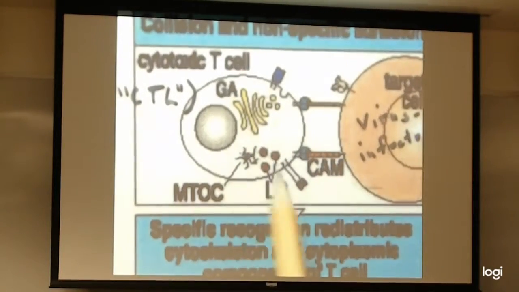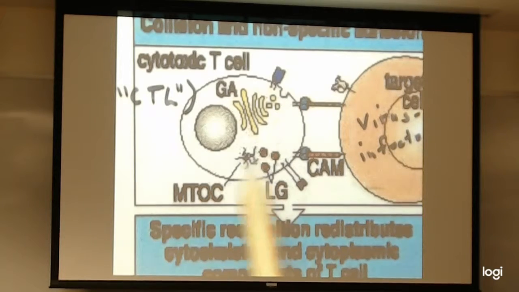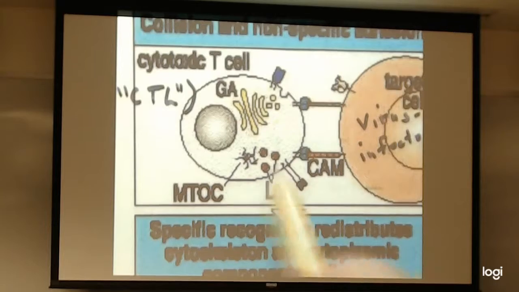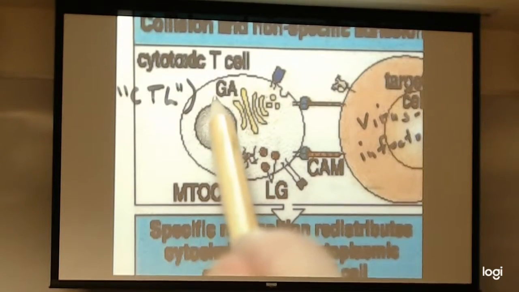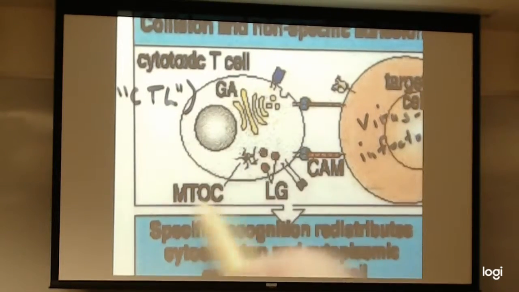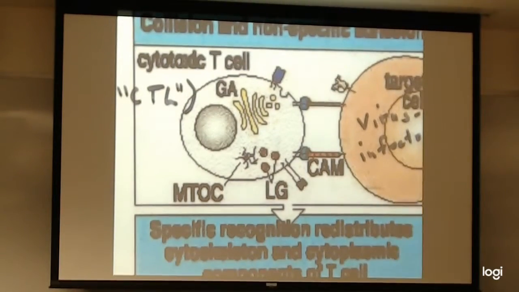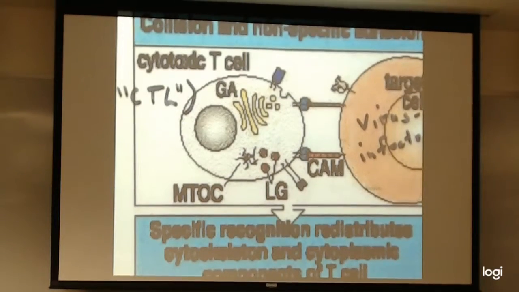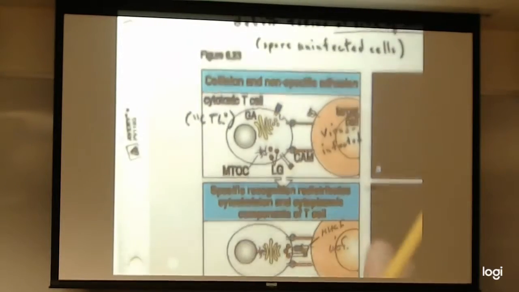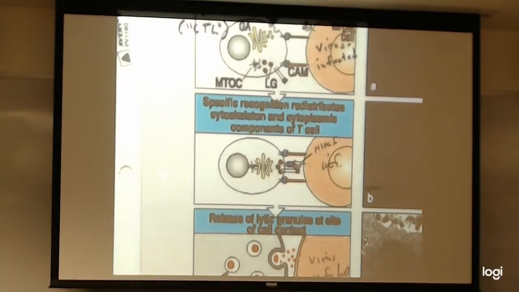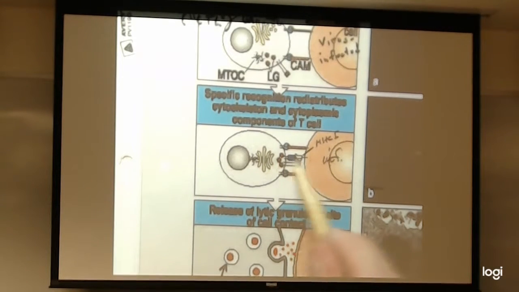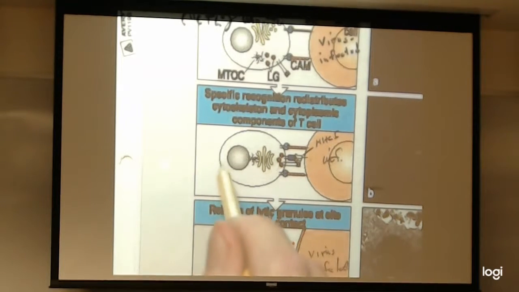Lytic granules. This is the microtubule organizing center here, with the microtubule cytoskeleton radiating out. This is the Golgi apparatus, and so forth. And all these things are sort of randomly distributed here. As the T cell receptor makes contact with the class I foreign peptide MHC here, all these things line up.